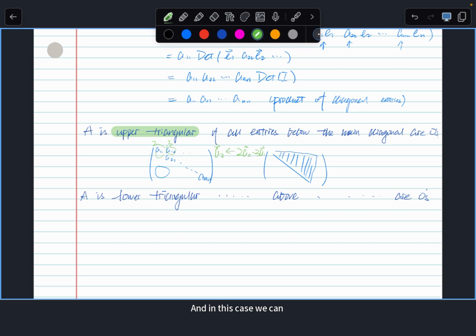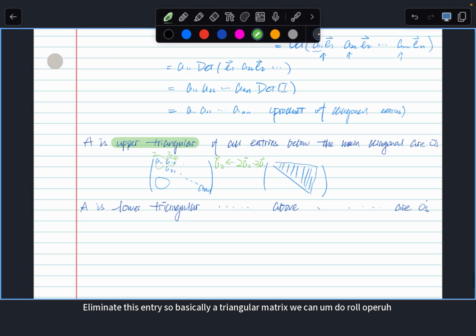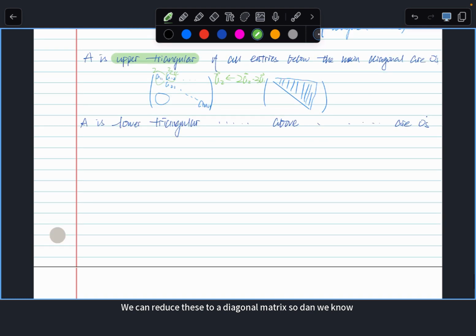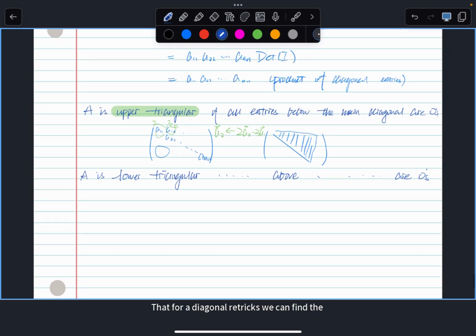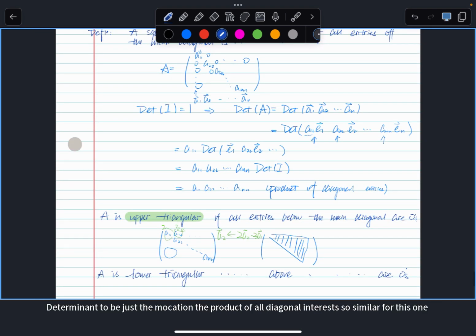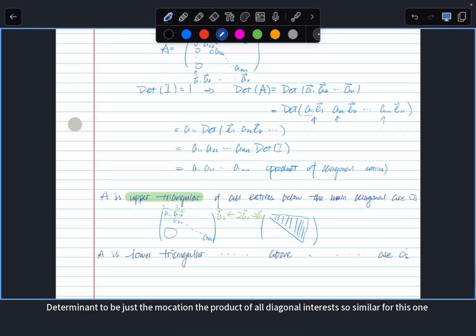And in this case, we can eliminate this entry. So for a triangular matrix, we can do column operations to reduce it to a diagonal matrix. Then we know that for a diagonal matrix, the determinant is just the product of all diagonal entries.